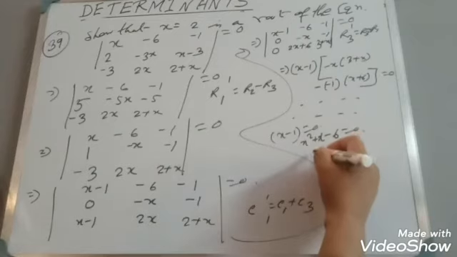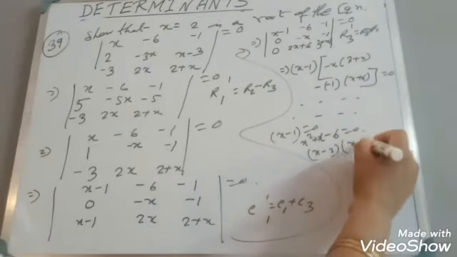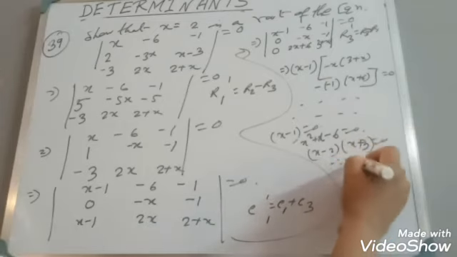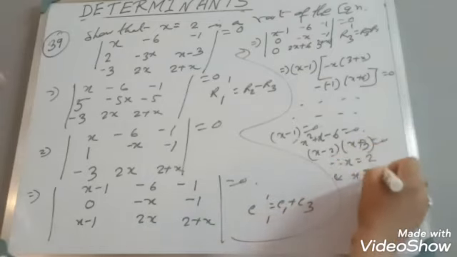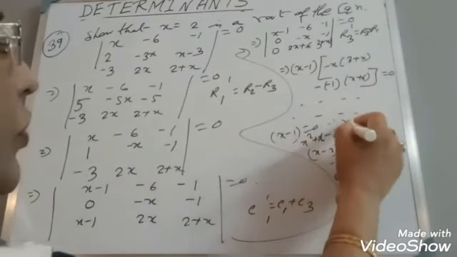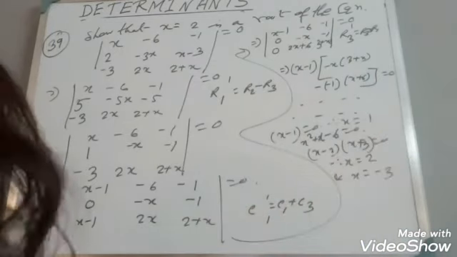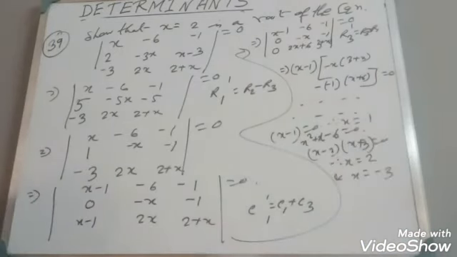From this expansion we get x minus 2 into x plus 3 equal to 0. So x equal to 2 and x equal to minus 3. So the roots we get are x equal to 1, x equal to 2 and x equal to minus 3. So x equal to 2 is a root of this equation.